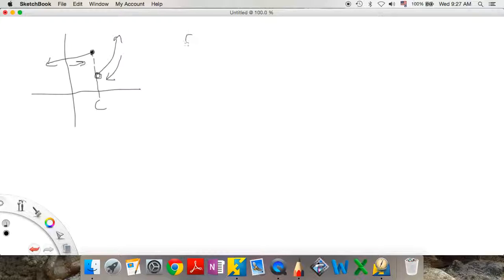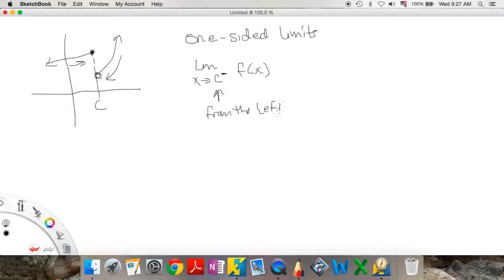So we have one-sided limits. So the limit as x goes to c from the left is how we write this. That little minus sign means from the left. Or we can do the limit as x goes to c from the right of the function.